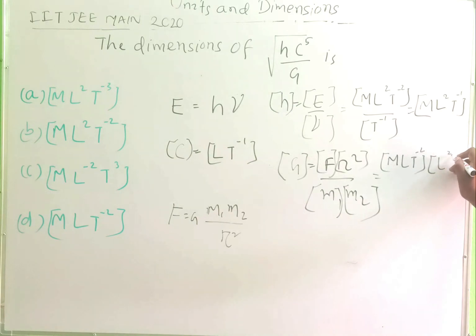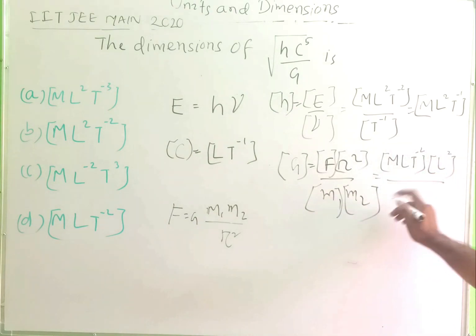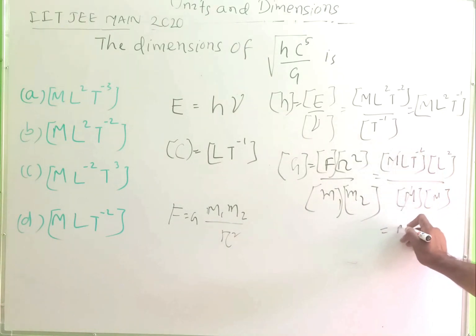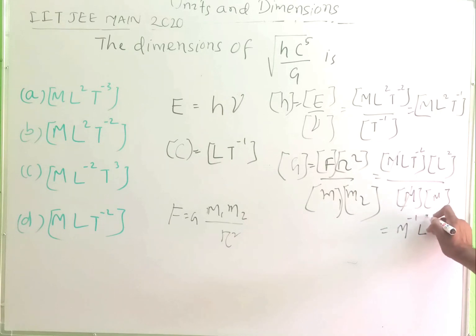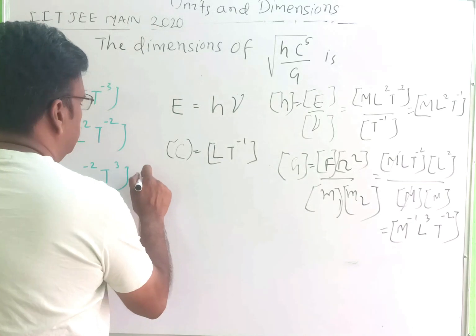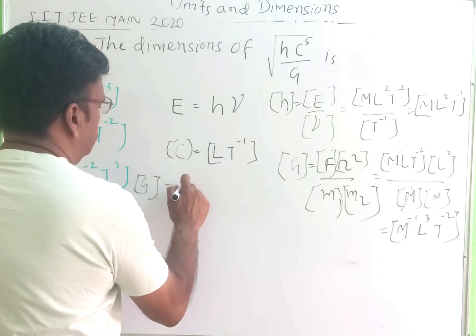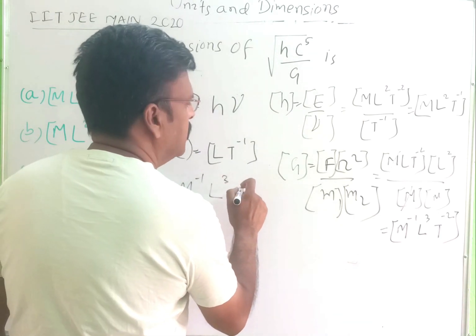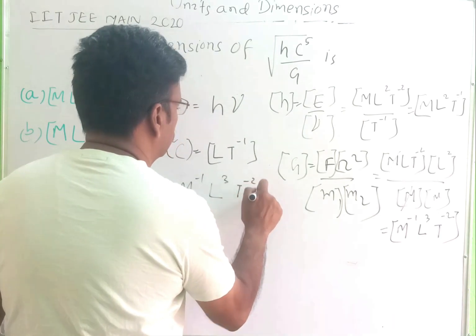The formula for r square is L square, and m1 m2 means m into m. This m cancels out the upper side m, and this becomes M^-1 L^3 T^-2. Okay, student, this is the dimensional formula for G. We write it here: G is equal to M^-1 L^3 T^-2.